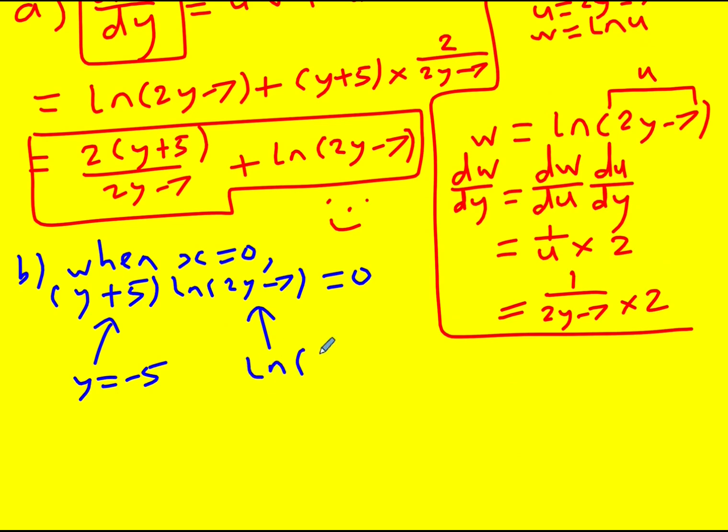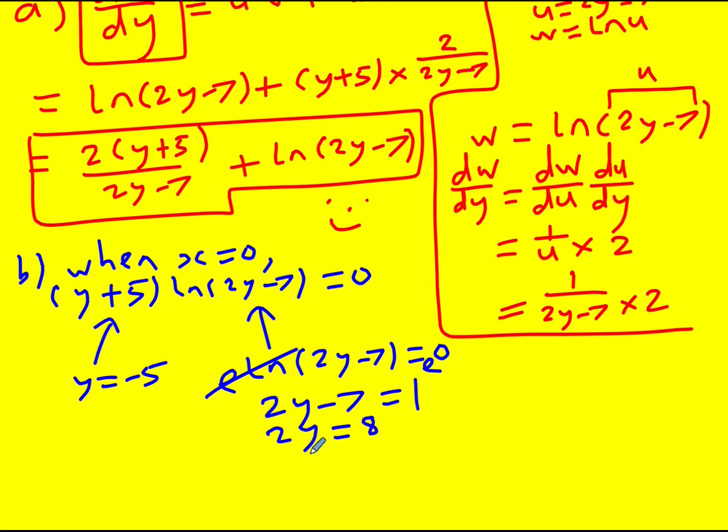I'll put a bit more working into this one, so when ln 2y minus 7 is equal to 0, i.e. when ln 1 is equal to 0, so it's when 2y minus 7 is equal to 1. Another way of thinking about it is you could raise both sides to the power e, and then it becomes 2y minus 7 equals e to the 0, which is 1, if you like it like that. So 2y is equal to 8, and y is equal to 4.